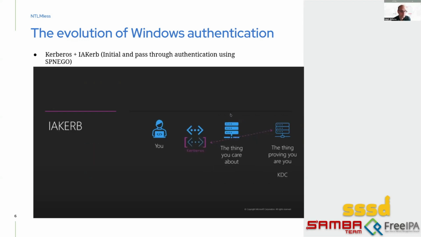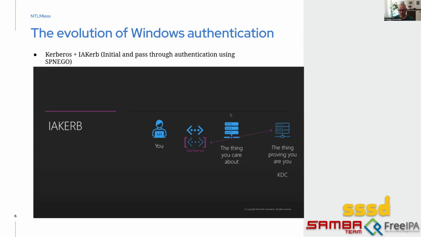So to the rescue comes an extension for Kerberos called IAKerb. It's an SPNEGO mechanism. With IAKerb, the idea is that you do not have the KDC in line of sight, but the service you care about. We could use the service we want to connect to as a proxy, and IAKerb allows that.